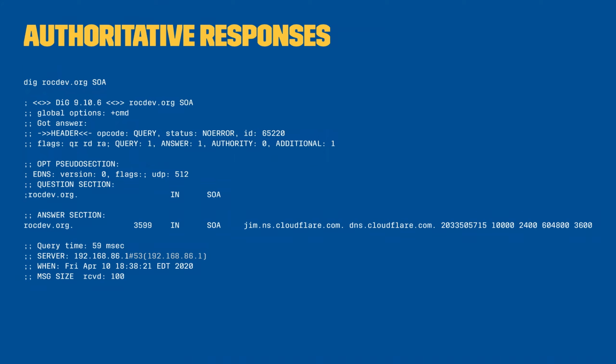So I mentioned briefly before the start of authority, the SOA record. Each DNS service or each DNS server can be authoritative or just forward on to another DNS service. So like if I'm running a DNS server on my router, just like everyone does by default, that isn't acting authoritatively for RocDev.org.